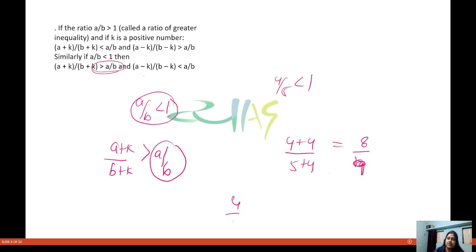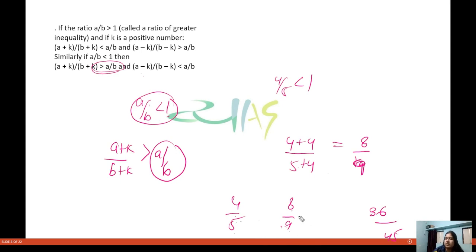Now let us compare this 4 by 5 and 8 by 9. We write 45 as the common denominator, and this is 36.